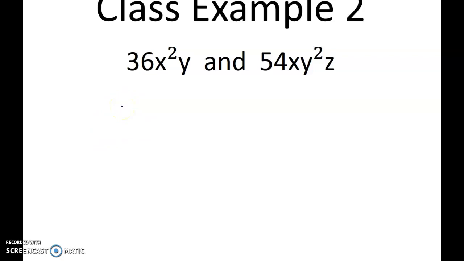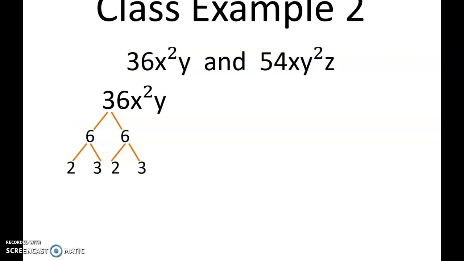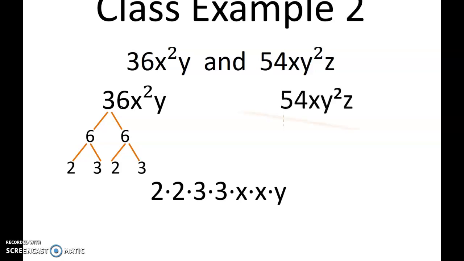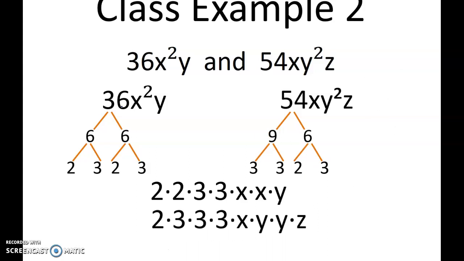So here we're going to find the greatest common factor of these monomials. We're factoring 36 first, all the way down to its prime numbers. We write those on a line. Then we're going to factor 54. And the variables just get written out as expanded. And now we're going to look at what's common in both of their prime numbers. 2 in common.